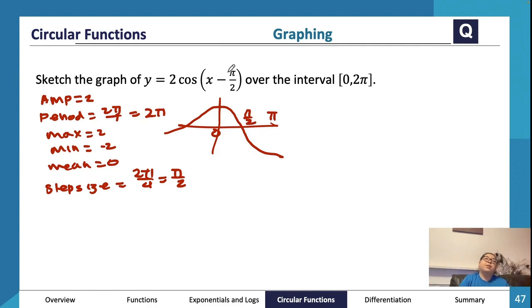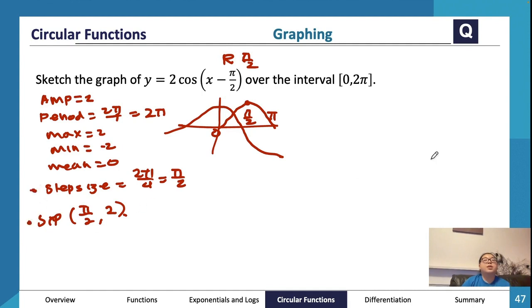Now we have this minus pi on 2, which means it's shifted right pi on 2. So now my top point is going to be here, my bottom point here, and this here. So my maximum is going to be at pi on 2 instead. So my starting point is pi on 2, 2.